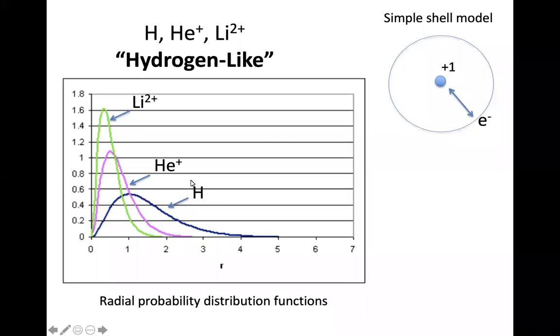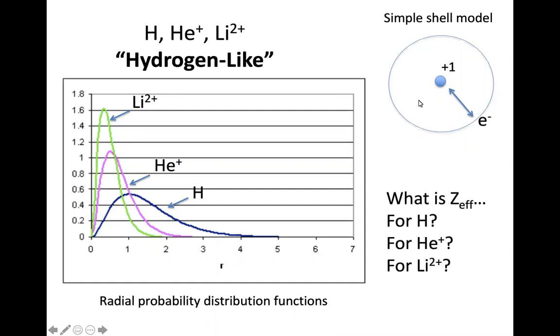So I have either a neutral atom, a +1, or a +2. I know what it would look like here for hydrogen: 1 proton, 1 electron. When I say a simple shell model, I'm using something like Bohr's model.